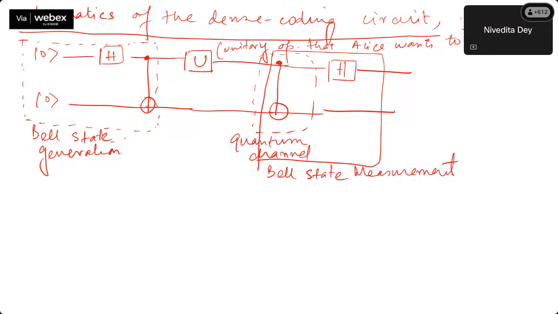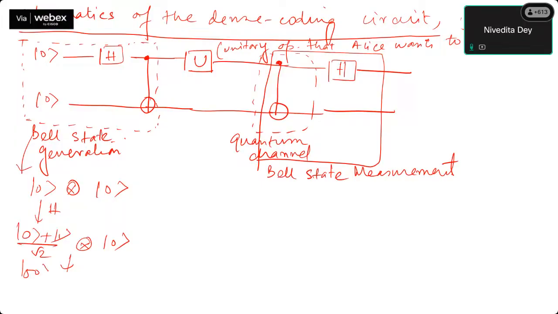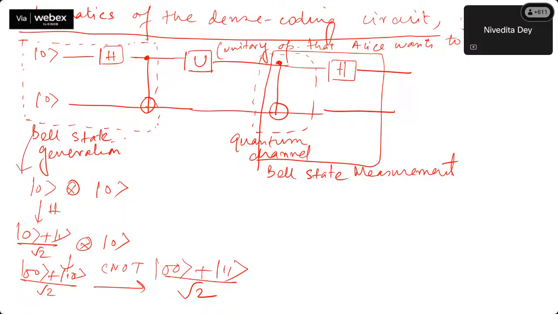So that means here during the generation step it started with 0 product 0, then we applied a Hadamard, so it is 0 plus 1 by root 2 product 0. So it is basically 00 plus 10 by root 2. So that on CNOT will become 00 plus 11 by root 2.